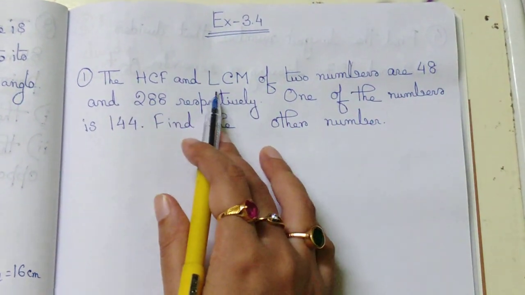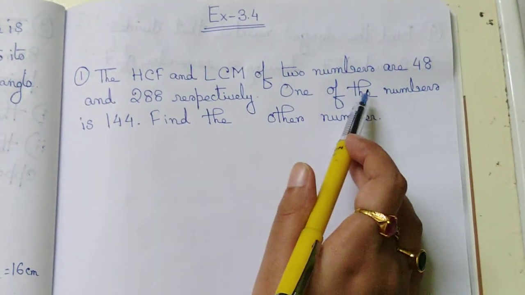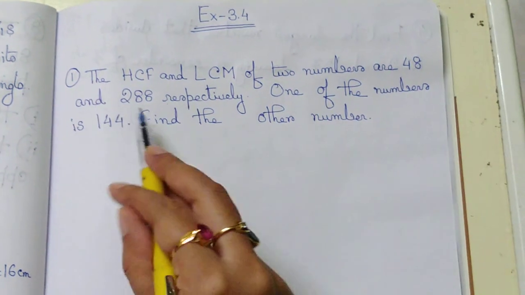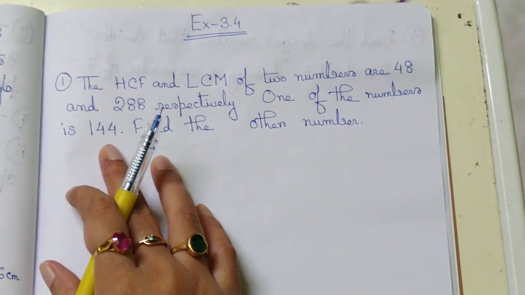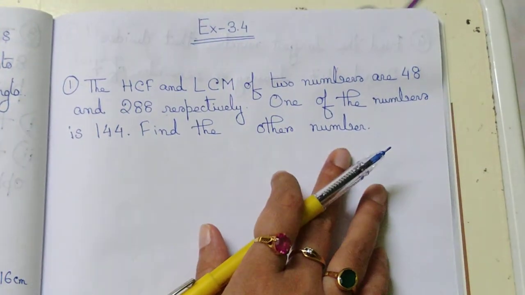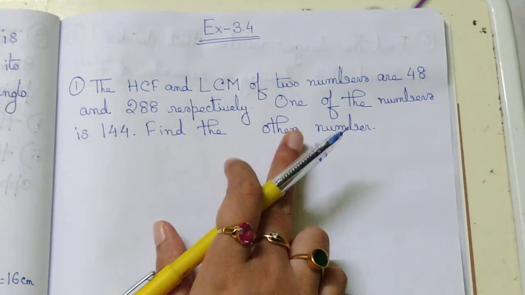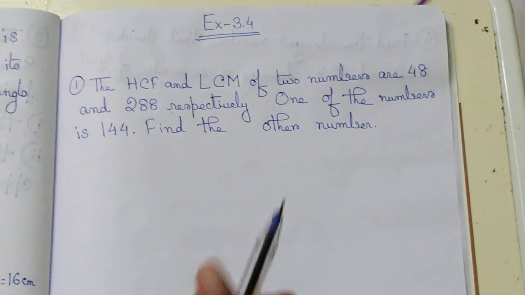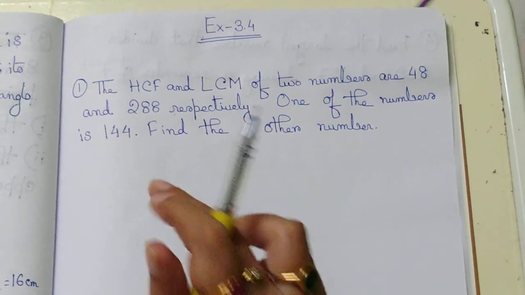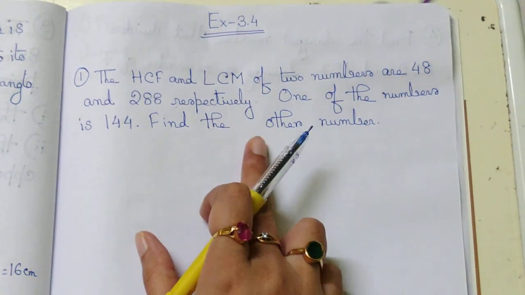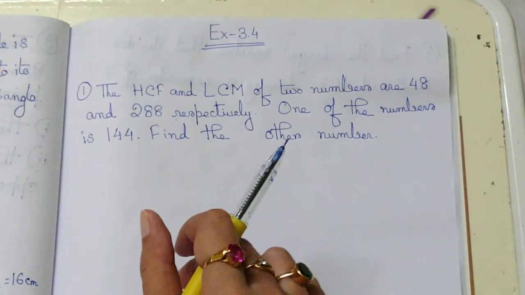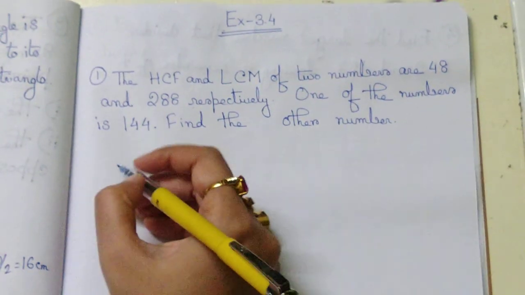The HCF and LCM of two numbers are 48 and 288 respectively. One of the numbers is 144. Find the other number. To solve this type of sum, first we need to learn the relationship between HCF, LCM and product of two numbers.